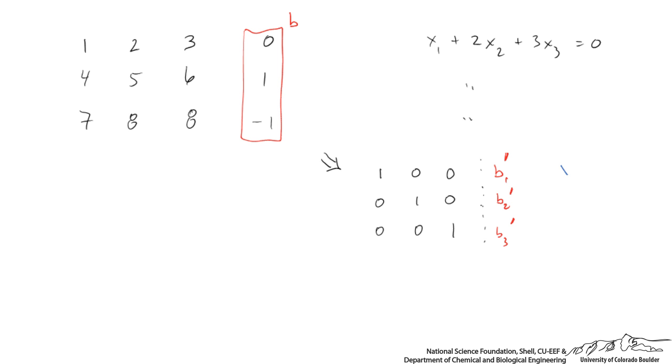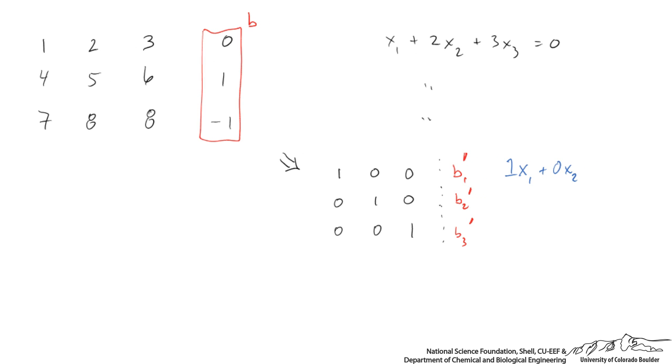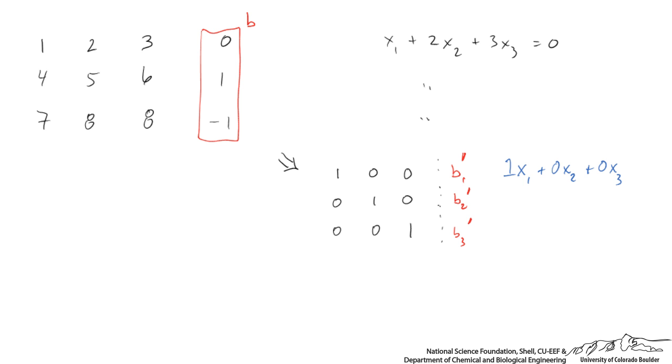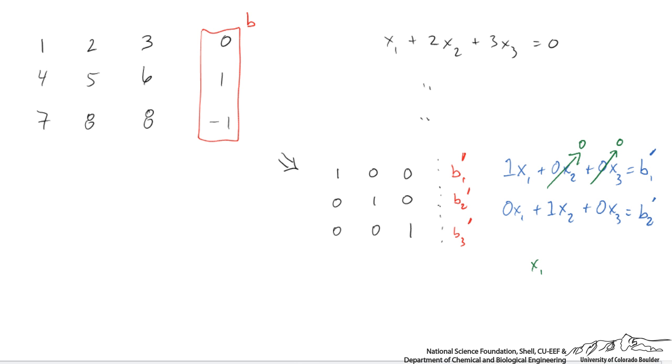This top line is 1x1 plus 0x2 plus 0x3 equal to whatever that b1 prime is. Obviously, these two cancel out because we have 0 coefficients, and we can just say now that x1 equals b1 prime, x2 equals b2 prime, and x3 equals b3 prime. We're trying to solve this system of three equations for those three unknowns.